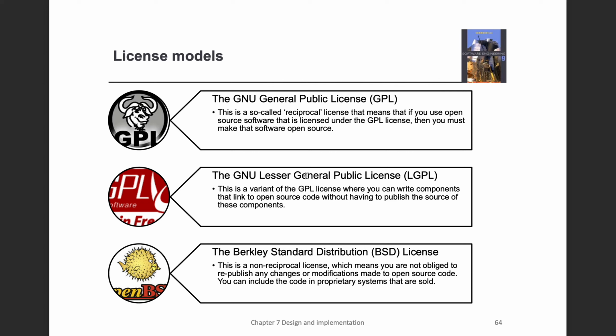Secondly, we look at the Lesser General Public License. This is a variant of the GPL license, where you can write components that link to the open source code without having to publish the source of this component. So what it means is that the open source code is somewhere, you are just writing a component to link to it and use it to do your own project.